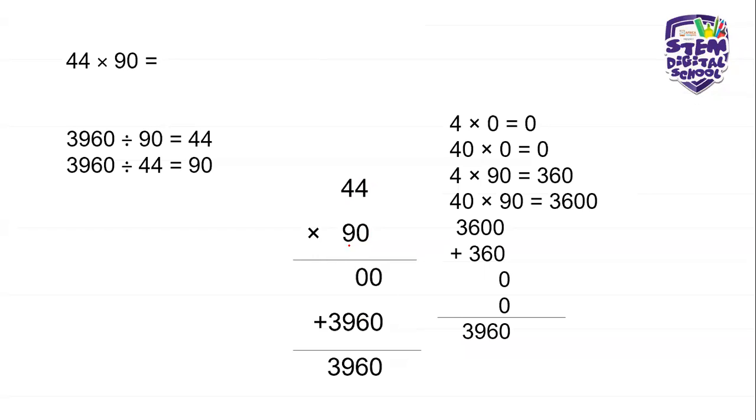Because this is in the tens place, we put 0 here as a placeholder. Then 9 times 4 is 36, so we put the 6 and carry 3. Then 9 times 4 is 36 plus 3 is 39. Our answer is 3,960.